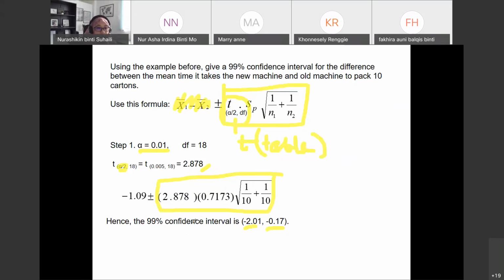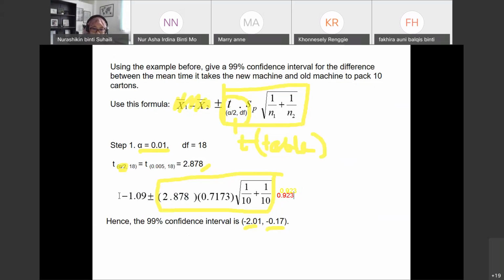Okay, the value here is 0.923. After I multiply 2.878 with this and this, the whole value is 0.923. So minus 1.09 plus minus 0.923.